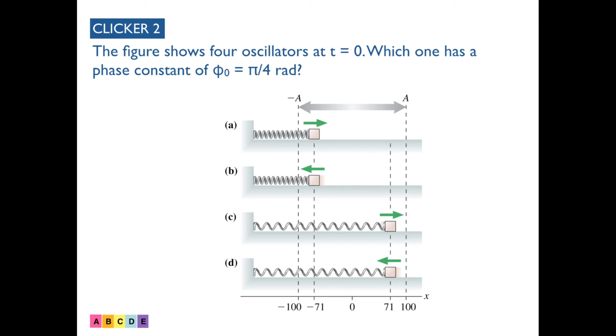Think about going around the unit circle. At 45 degrees, that means your particle, or in this case your mass, is in the first quadrant. It's going to be moving to the left, meaning a negative v, and if you plug in t equals 0, you get positive pi over 4. So that's going to look like this, okay? It's going to be moving to the left, but it's going to be over in the positive side. That's the first quadrant.